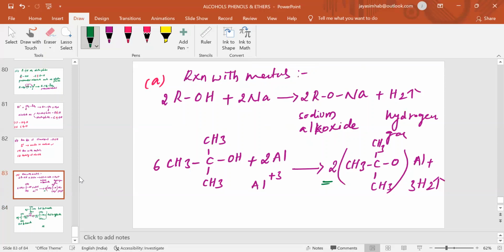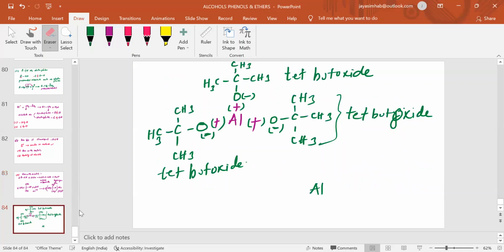Here we have written it as a coefficient, so 2 means aluminum is also 2. This tert-butoxide is also twice, so again it will be of this structure, meaning 3 tert-butoxides attached to one aluminum.